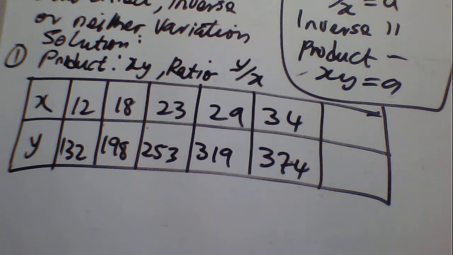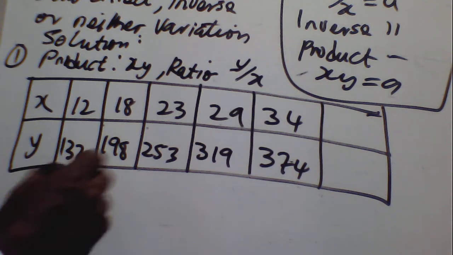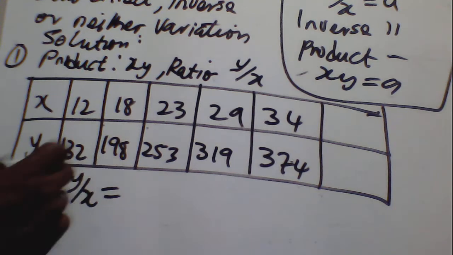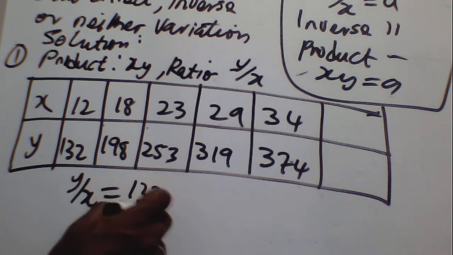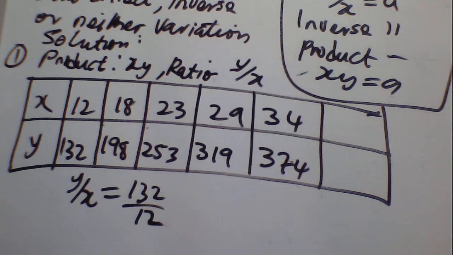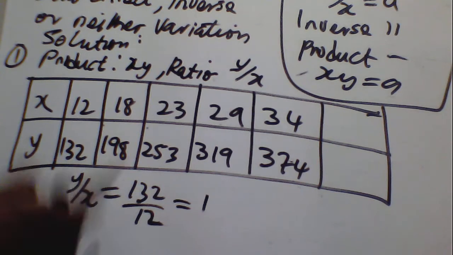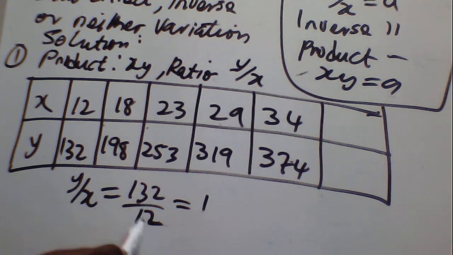So for direct variation, sorry, let's check the ratio y over x. In this case, 132 divided by 12. Do divide it quickly. 13 divided by 12 will give us 1, carry 1, put it here. 12 divided by 12 will give us 1, so 11.